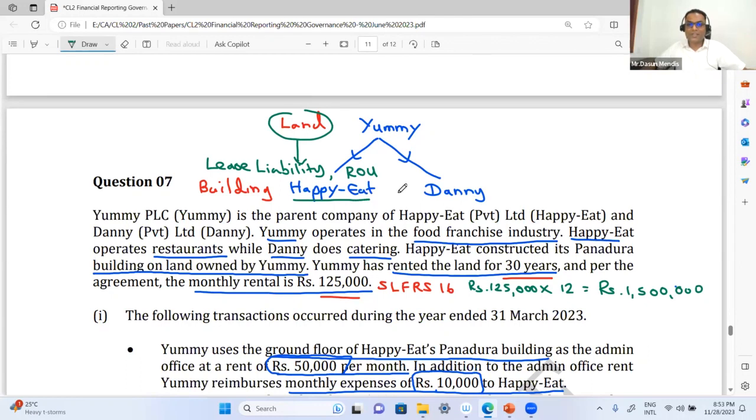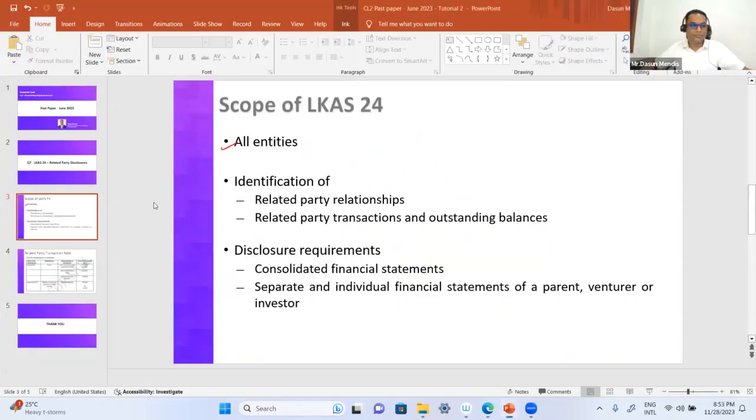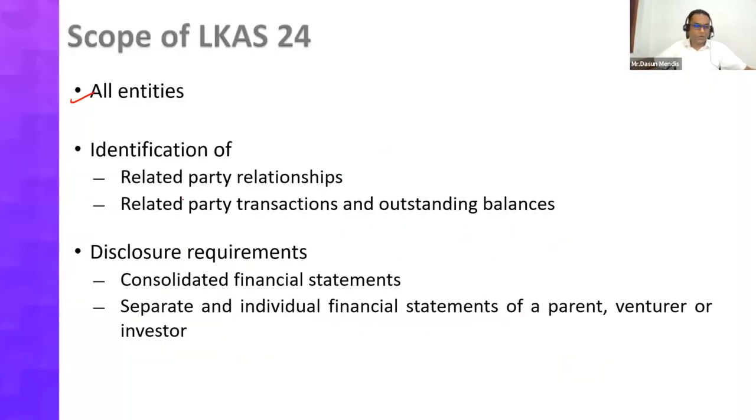So the first thing that you disclose in your financial statement note is that Happy Eat has two related parties: Yummy is the parent company and Danny is a fellow subsidiary or an affiliate company. You have to disclose that. Then you have to identify the related party relationship.